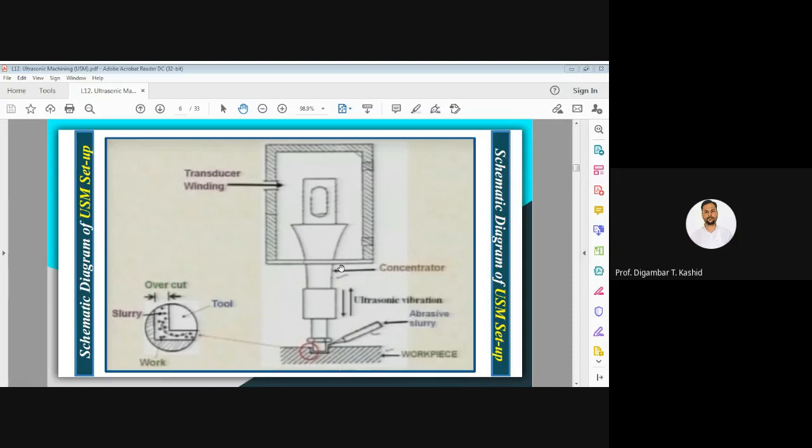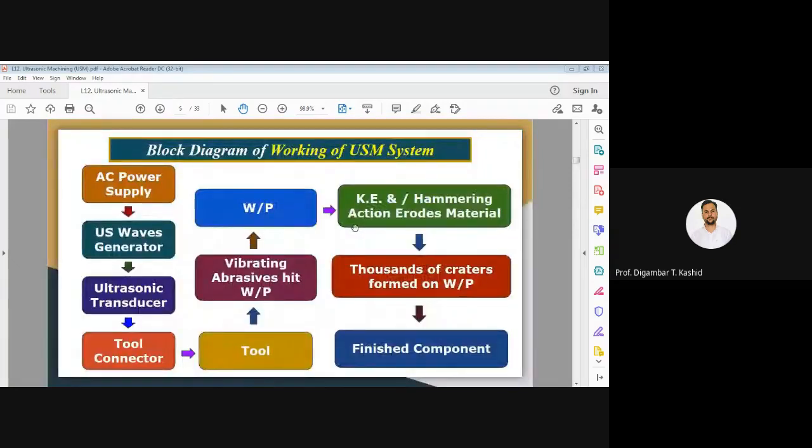Your working principle. Let us see the working principle of this ultrasonic machining process, and the block diagram of the ultrasonic machining system I have shown here. Once again, here we have an AC power supply, which is connected to the ultrasonic wave generator, and this generator is connected to the ultrasonic transducer.